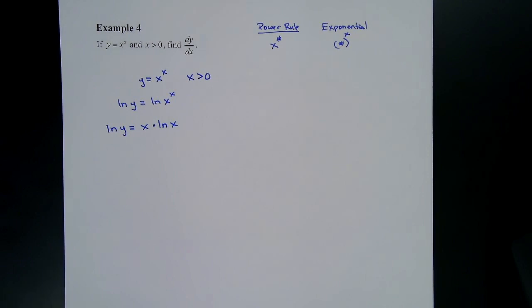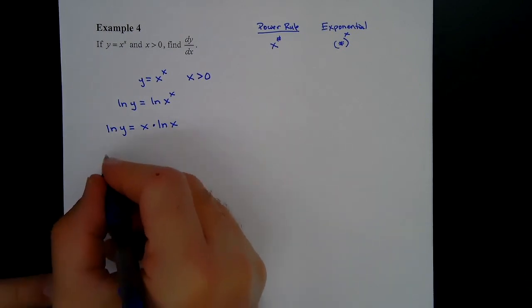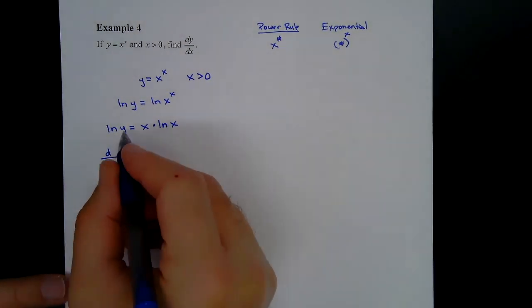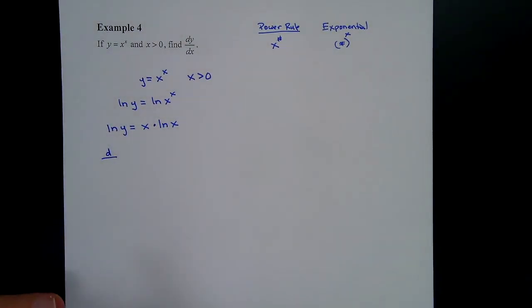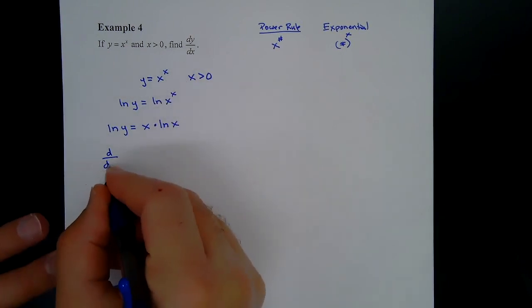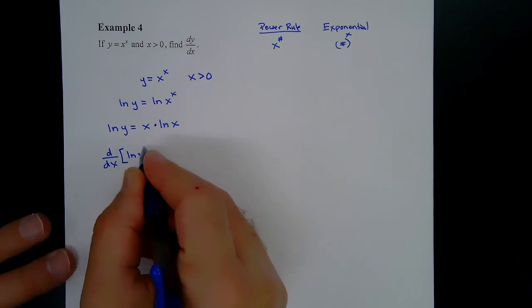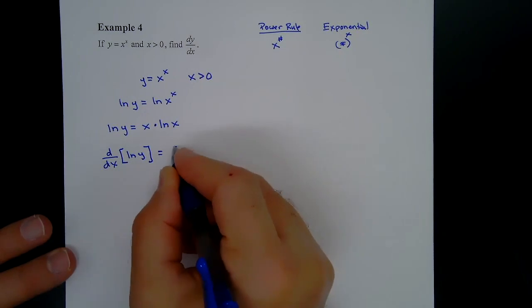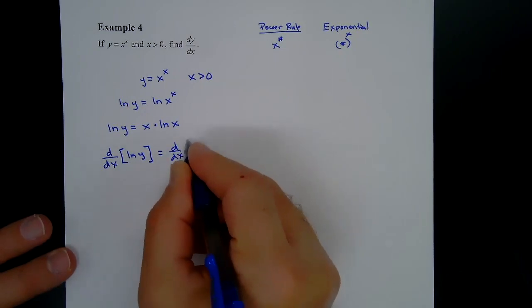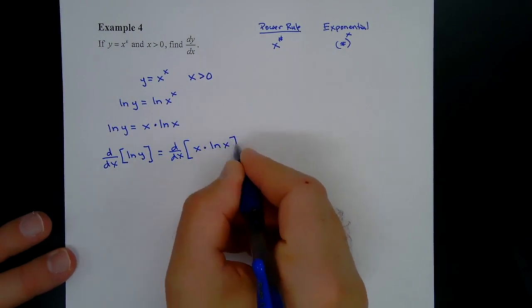All right. So now because I've gotten everything out of there, now I can take the derivative with respect to x of both sides. And because I have a y here, I'm going to pick up a dy over dx, which is what we're trying to find. Okay. So d dx of the natural log of y is equal to the derivative with respect to x of x times the natural log of x.